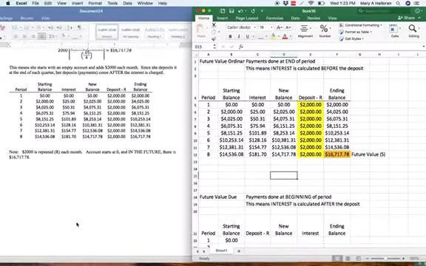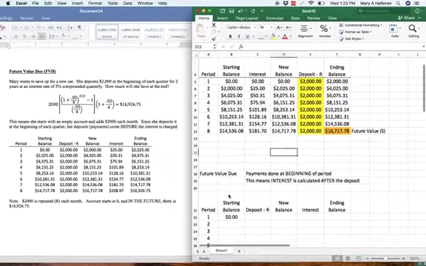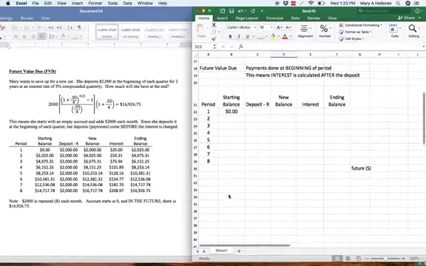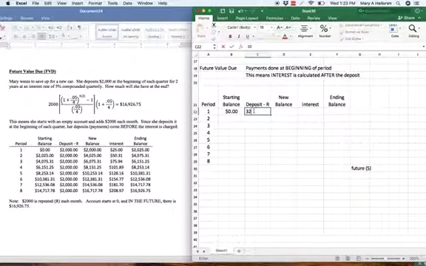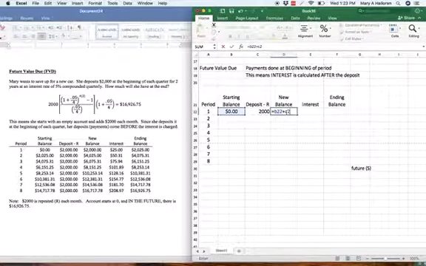So let's compare. This is the same scenario, but what's different with this one is that we're going to do the payments at the beginning. So I'm going to come in and I'm going to put 2,000 bucks in. And so then my new balance is $2,000.